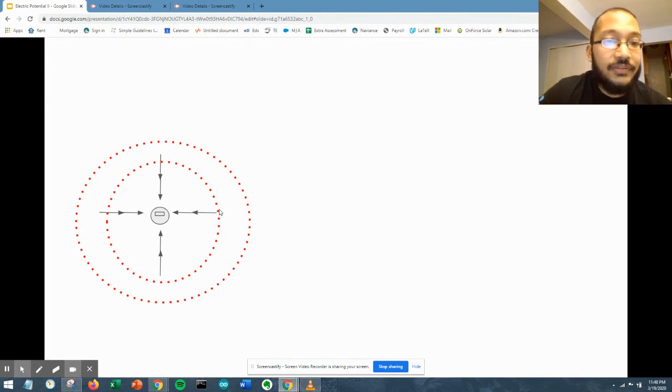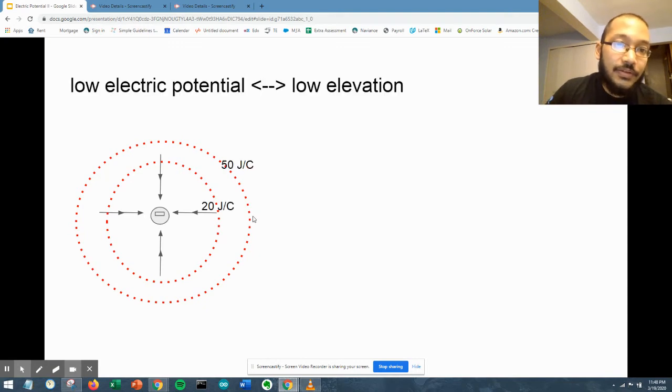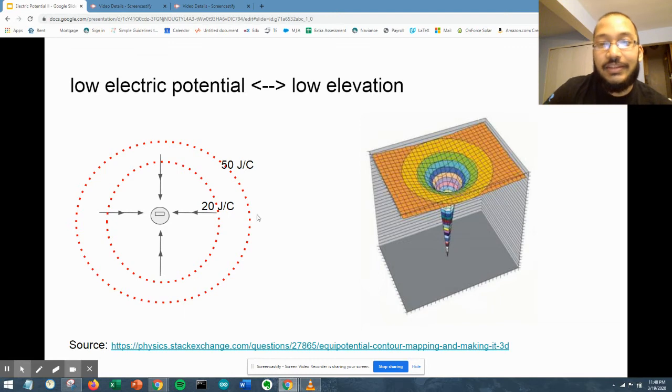Hopefully you remember the difference. A positive charge here would have less energy than if there's a positive charge here, because there's a shorter distance for it to accelerate over. So this is low electric potential. This is higher electric potential. And so if we associate low electric potential with lower elevation, then what does this look like? It looks like a sinkhole almost, this bottomless pit.